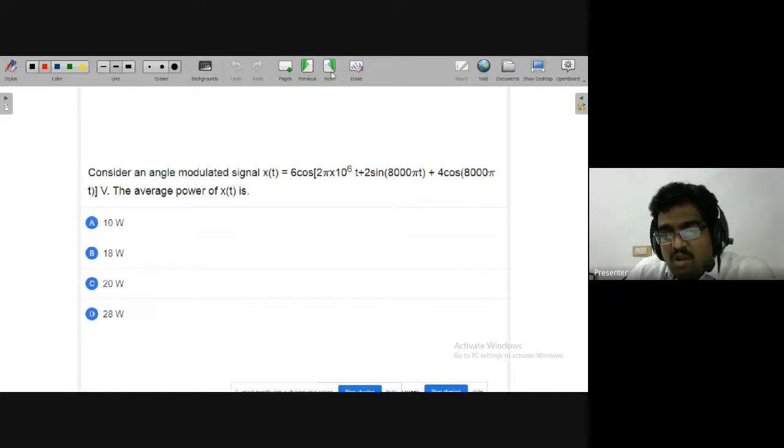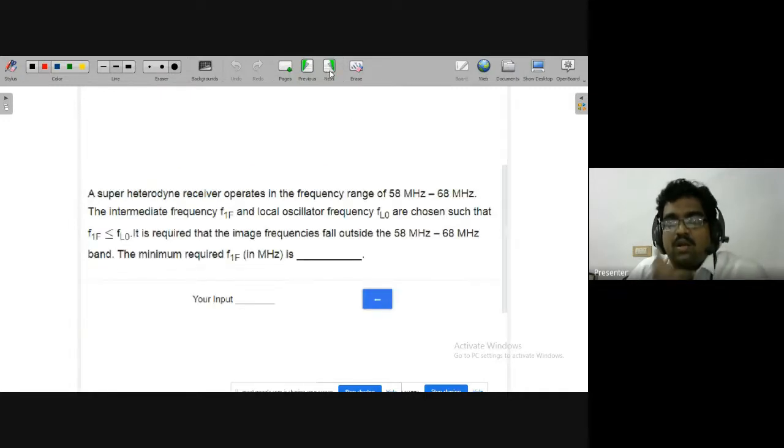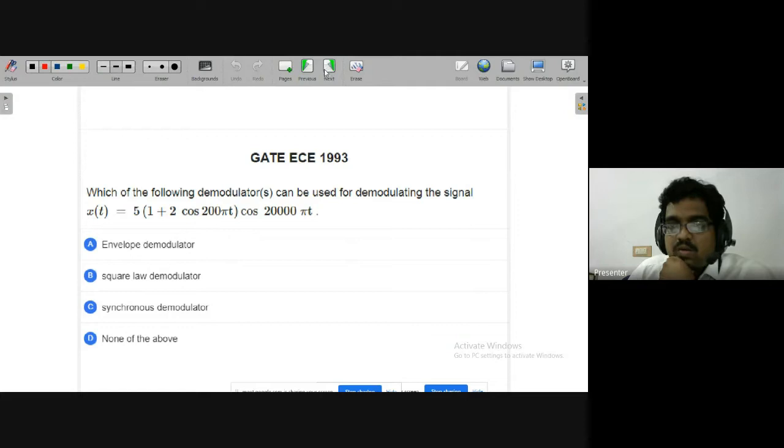This is an angle modulator question. We have not covered superheterodyne receiver, but I think this has been covered. Now we are given an AM equation. I hope just by seeing this you can understand it is similar to the AM equation.